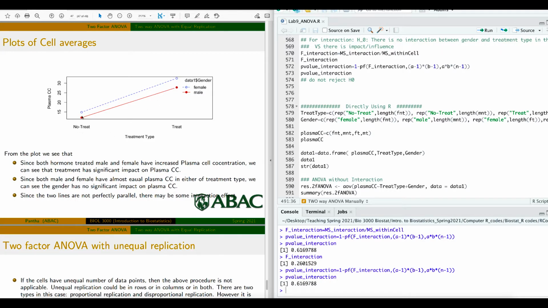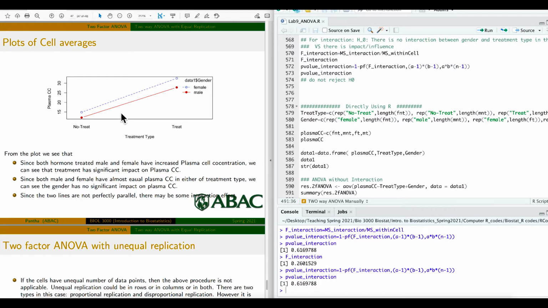This dot is the average plasma calcium content of the no hormone treatment male. This dot is the hormone treatment average plasma calcium content of the male. So this is for no treatment, this is for treatment, and that red line is for male. And the dotted blue line is for female.